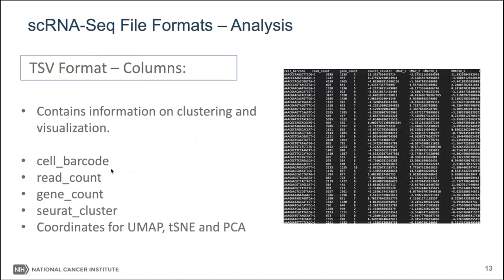This includes things like the cell barcode, the read count, the gene count, the cluster that it falls into based on what Seurat said, and then coordinates so that users can generate either a UMAP, t-SNE, or a PCA plot. Just match up the columns based on the column name, and that is how the data can be visualized.